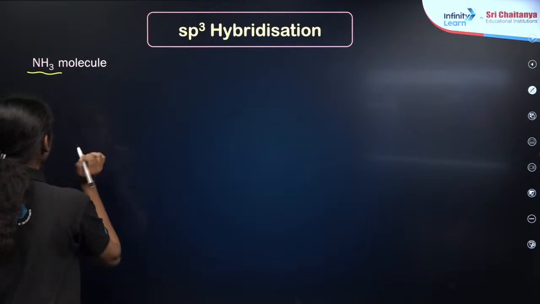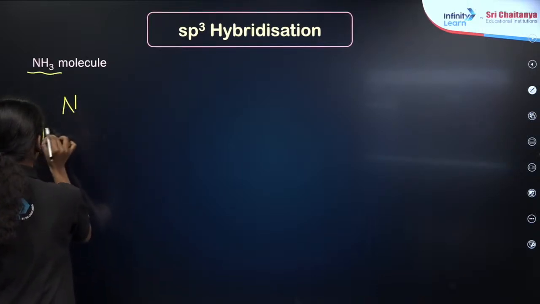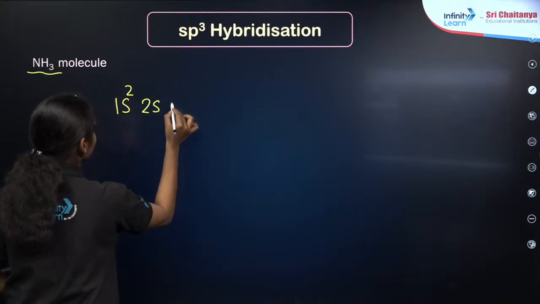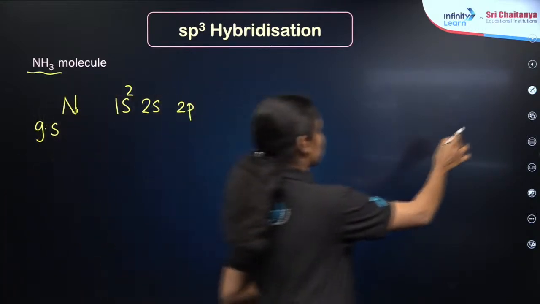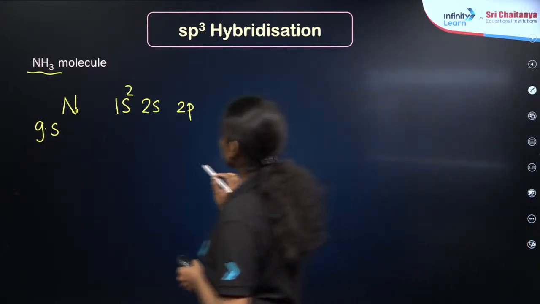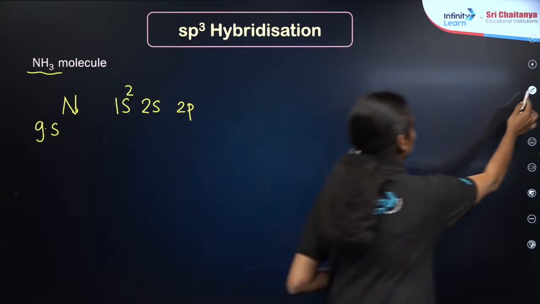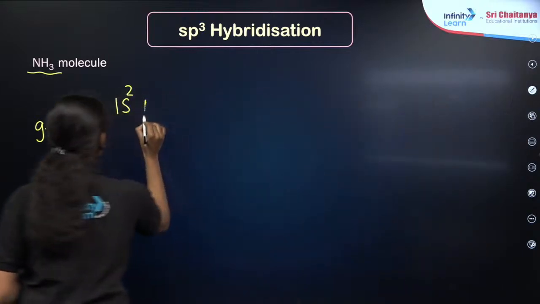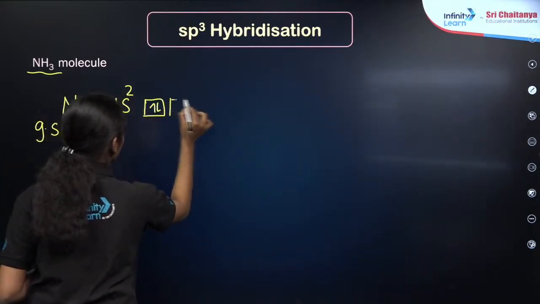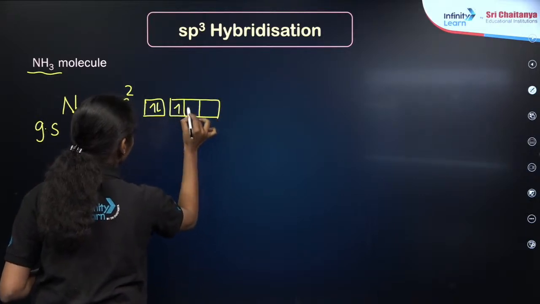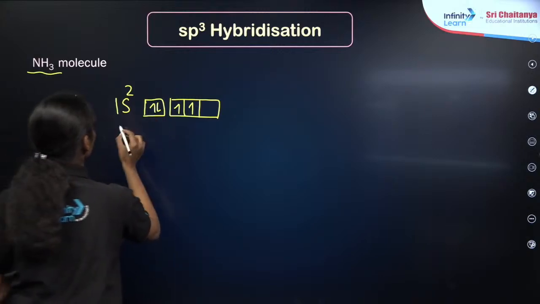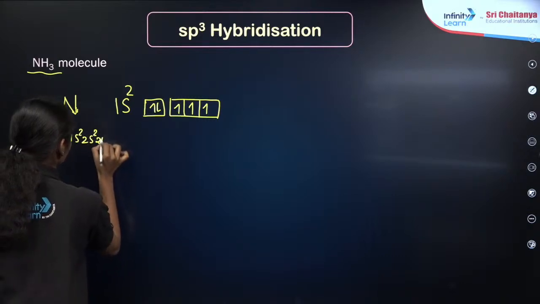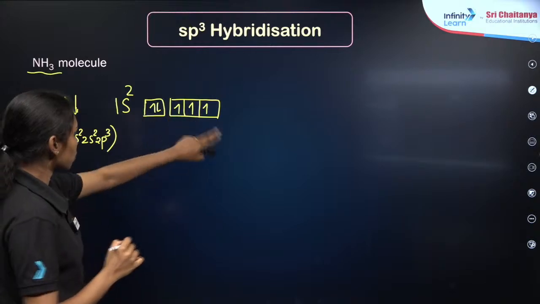In the case of the ammonia molecule, first you have to write the ground state electronic configuration of nitrogen, right? 1s2, 2s2, 2p3, right?